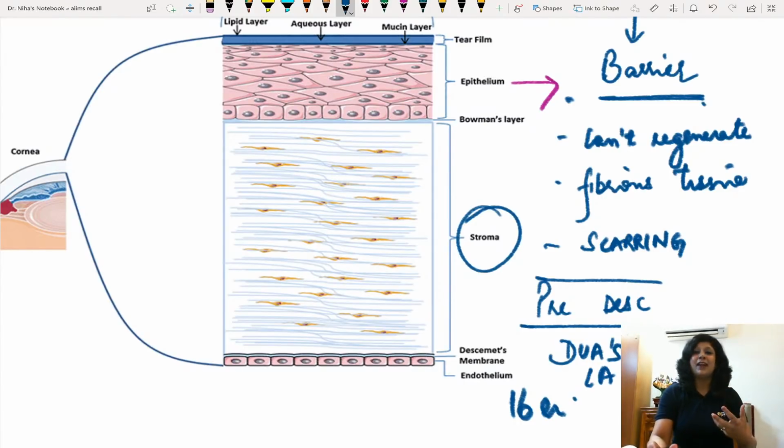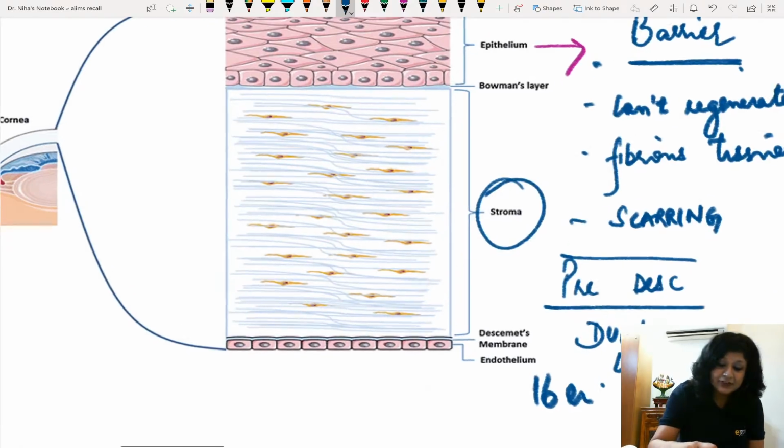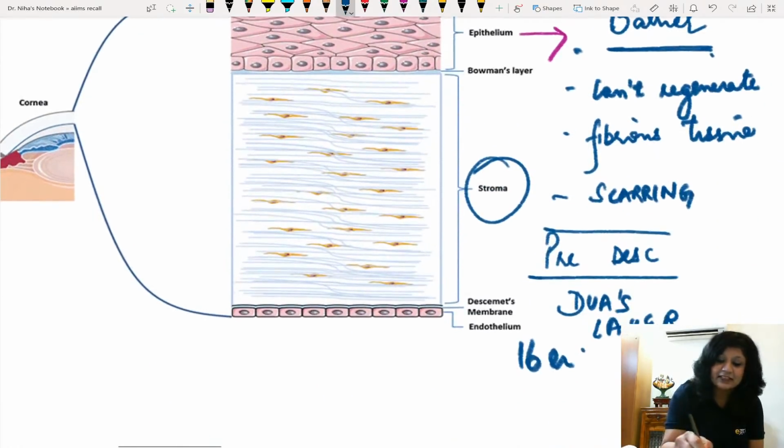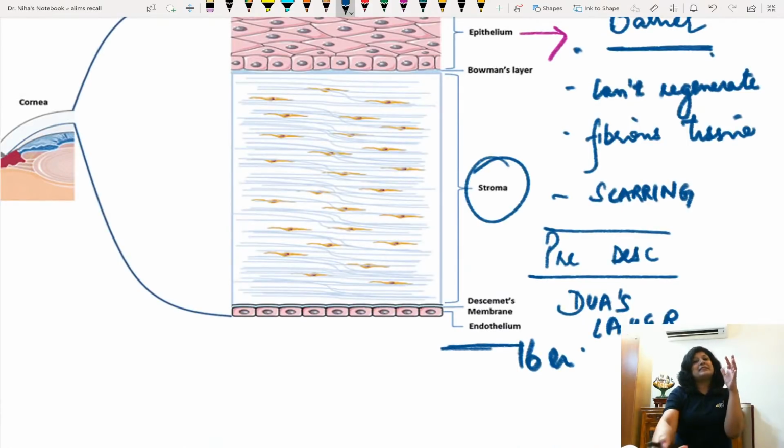It is like a powerhouse, a metabolically active layer. And can you see, we have got a single layer of cells, hexagonal cells they are. And this is one area where we have the sodium potassium pump, and this is also responsible for maintaining the fluid level.